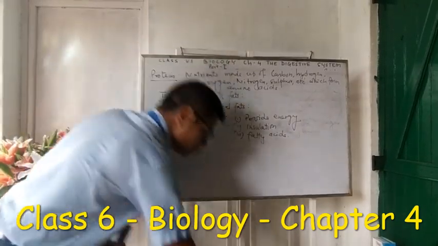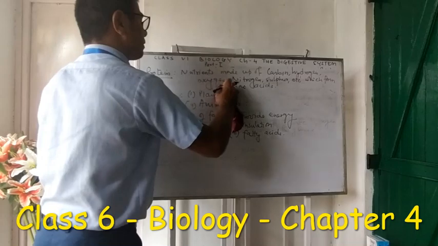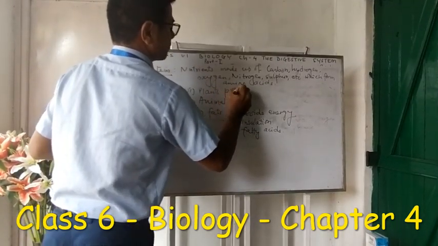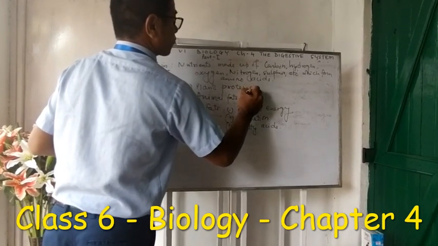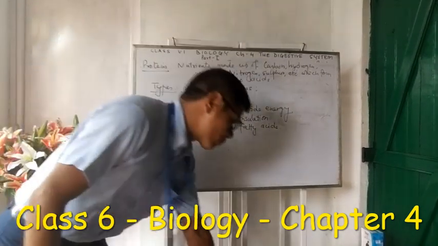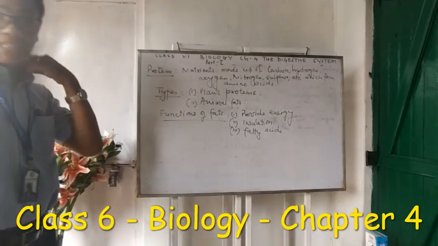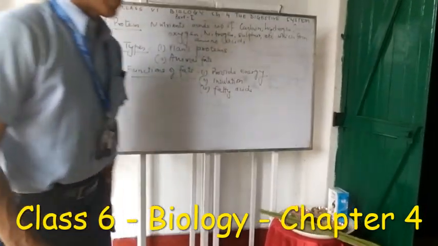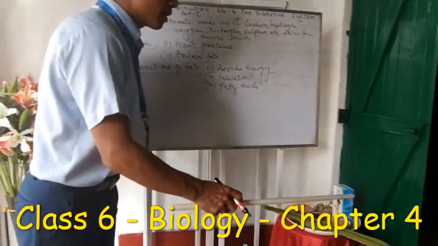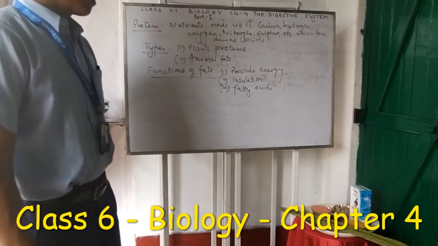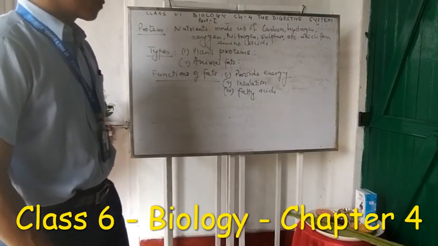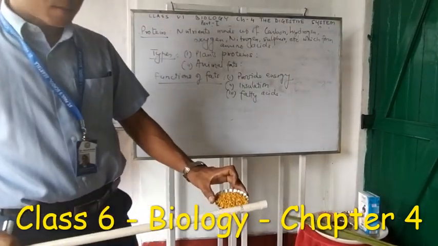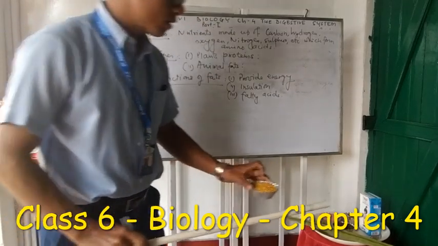Then protein is of two types, like fats. One is called plant protein. By plant proteins, if you have visited your mother's kitchen when she cooked, you will be familiar with these food items. Number one is milk. Then you will have your dal, chana dal, what we commonly call.